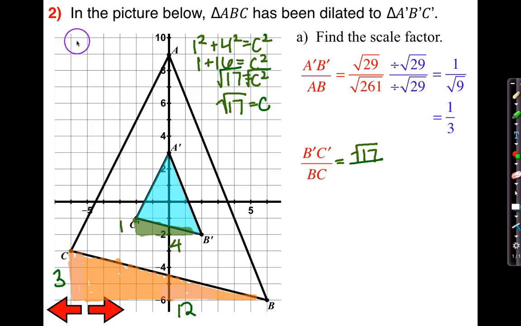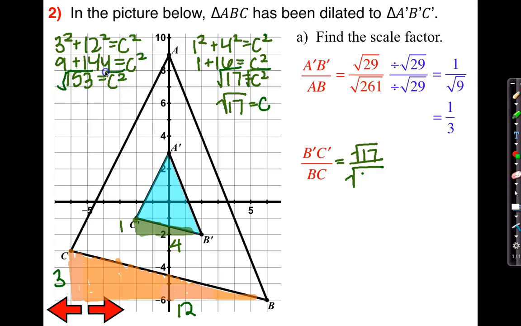So applying the Pythagorean theorem, we're going to put 3 squared plus 12 squared equals c squared. 9 plus 144 equals c squared. Then we're going to be left with 153 equals c squared. Oops, went ahead of myself. We're going to take the square root of both sides and be left with the square root of 153 equals c.